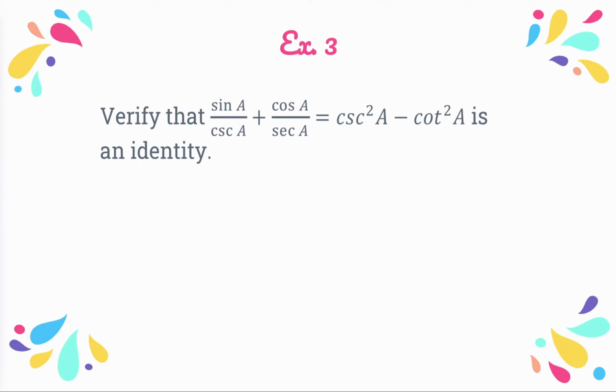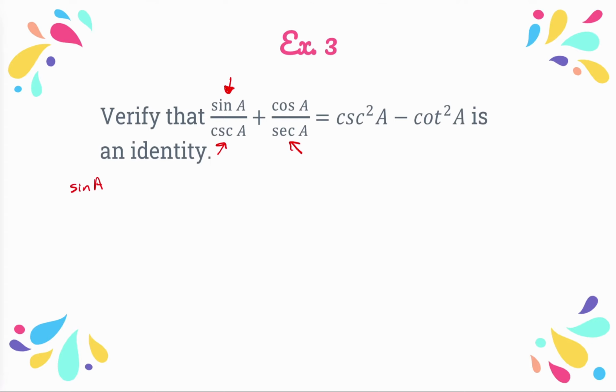Verify that sine A over cosecant A plus cosine A over secant A equals cosecant squared A minus cotangent squared A, which is an identity. So go ahead, we want to turn our cosecant and our secant into sine and cosine.